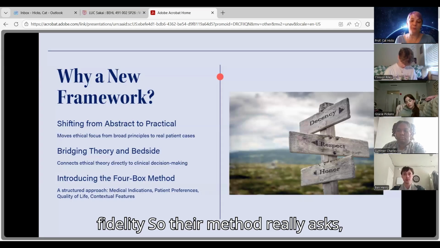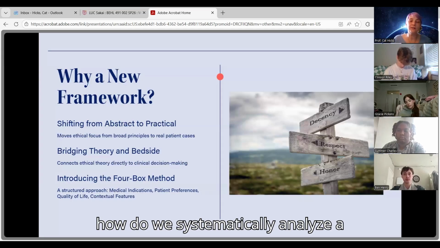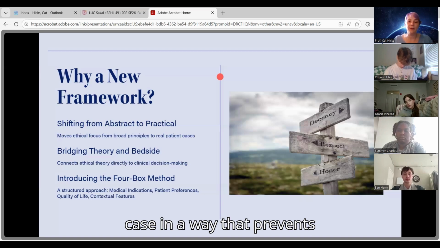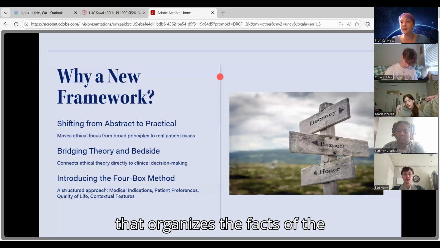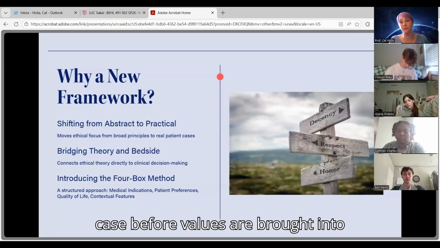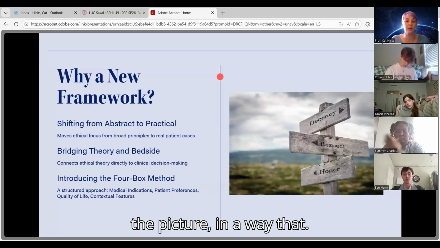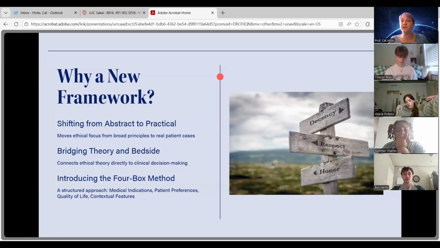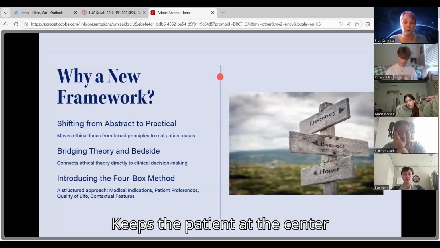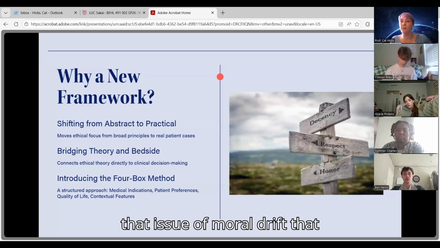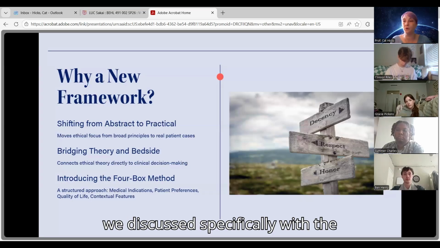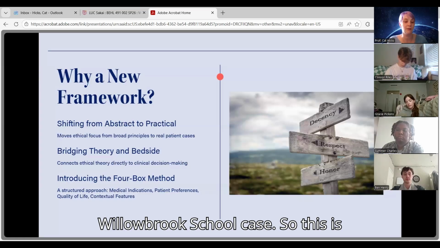So their method really asks, how do we systematically analyze a case in a way that prevents moral blind spots, in a way that organizes the facts of the case before values are brought into the picture, in a way that keeps the patient at the center of our decision making, and avoids that issue of moral drift that we discussed specifically with the Willowbrook School case.